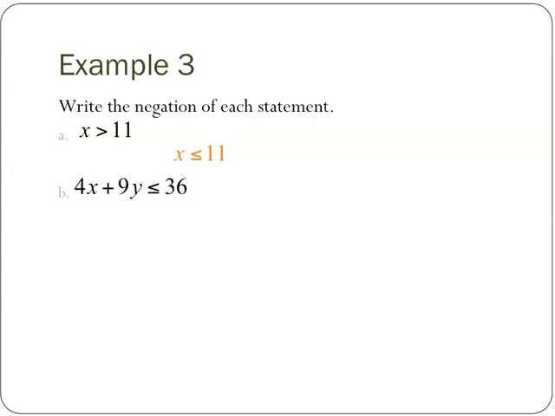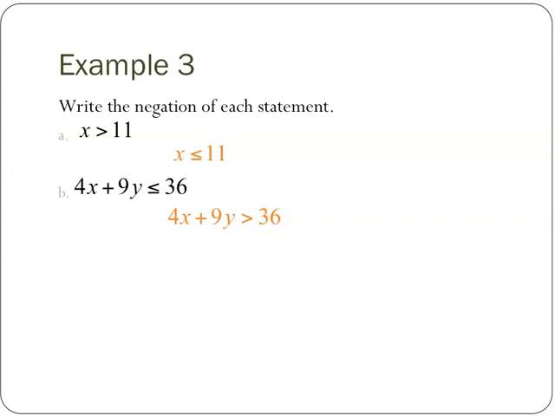For the next one, 4x plus 9y is less than or equal to 36. Now we're going to do kind of the opposite of what we just did in the first one. This statement says it could be less than or equal to 36, so the negation must be greater than 36. There's no need to move anything around.